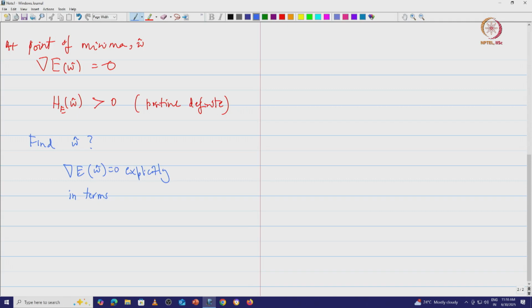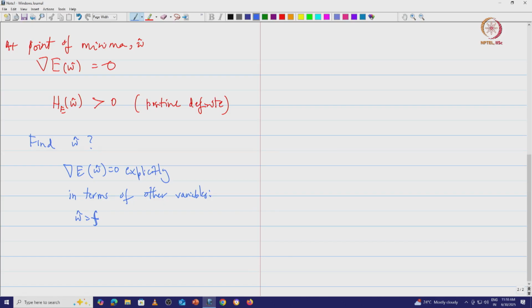So explicitly in terms of the other variables. Meaning, to write omega hat as some function f of them might be very difficult. It might not even have an implicit form.